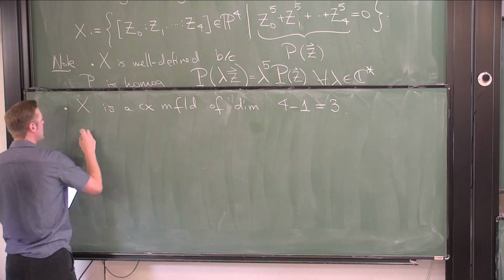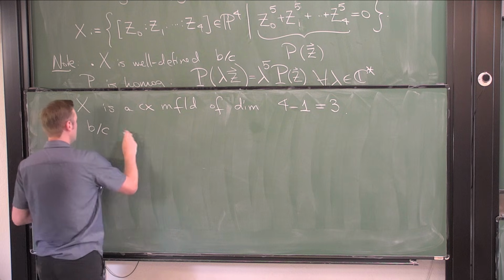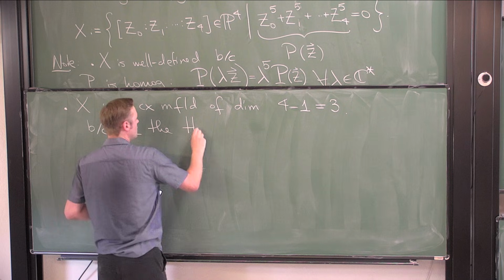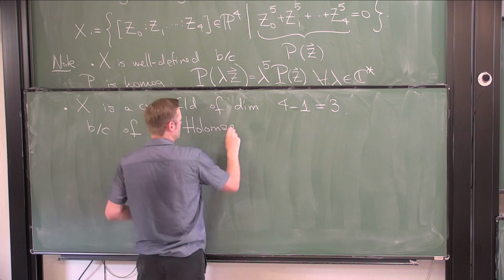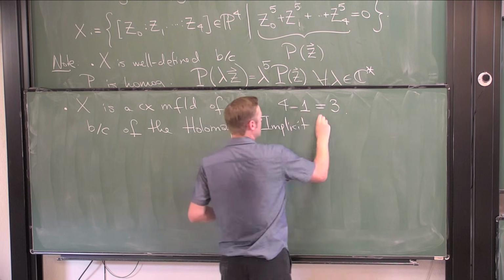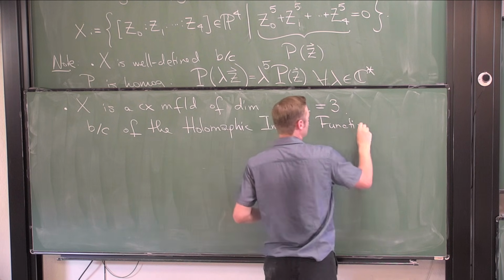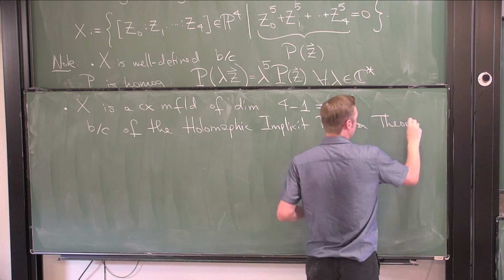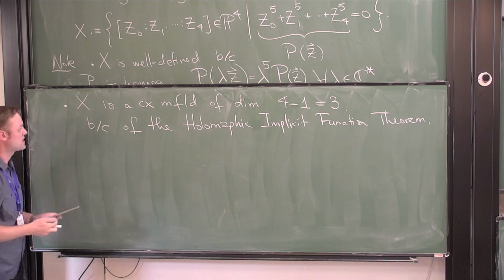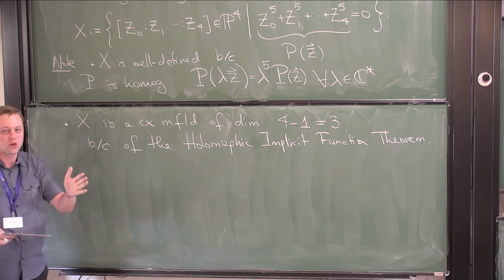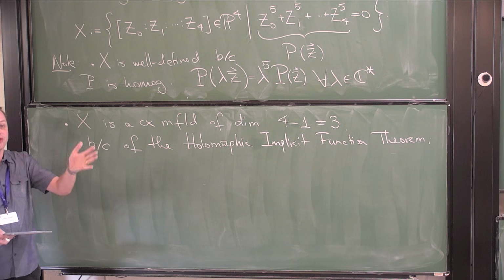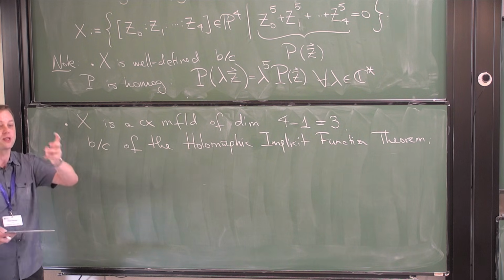Anyway, so why? Because of the holomorphic implicit function theorem. What do we need to check for the implicit function theorem? We just need to look at the partial derivatives of my function, and make sure that those are invertible at points that we are interested in.